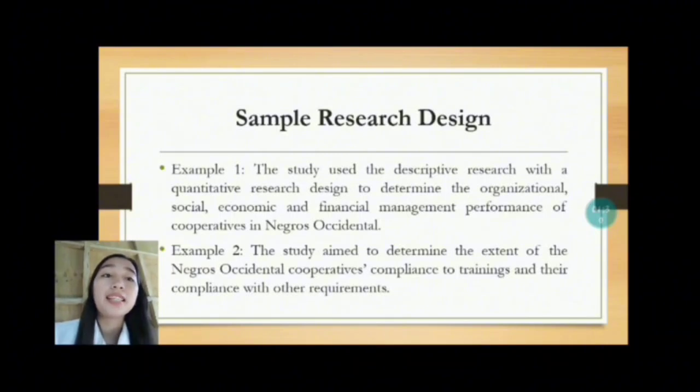Example 2, the study aimed to determine the extent of the Negros Occidental cooperatives' compliance to trainings and their compliance with other requirements. So here your research objective is to determine the extent of the Negros Occidental cooperatives' compliance to trainings and their compliance with other requirements.